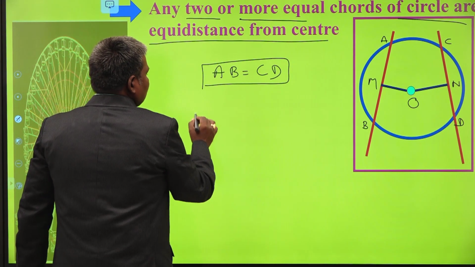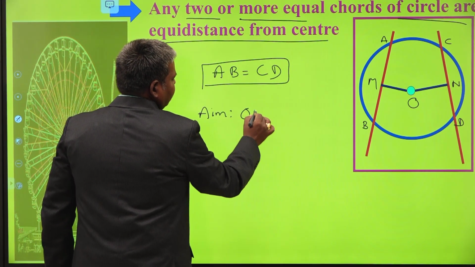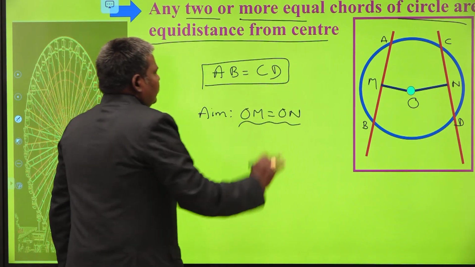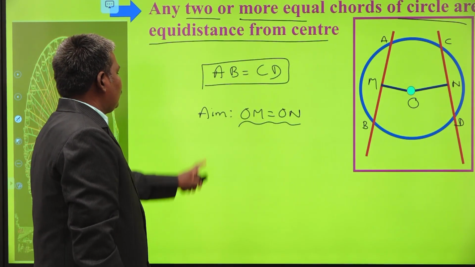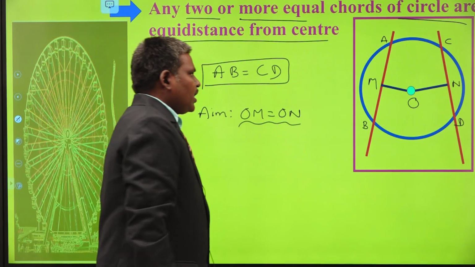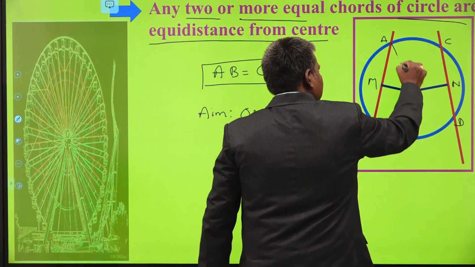Aim: OM is equals to ON. Very simple. AB is equal to CD is given to you. Your aim becomes OM is equals to ON. Okay. Now, draw the radii.